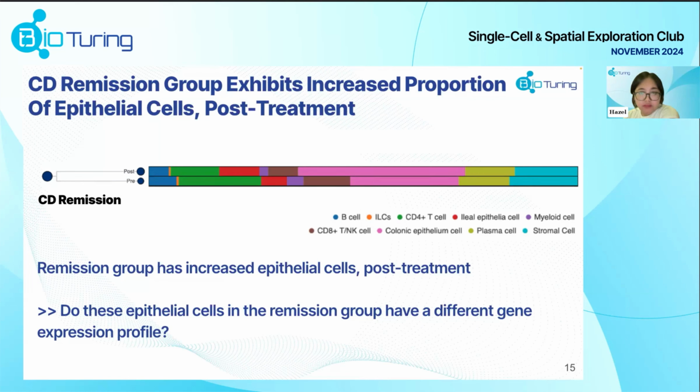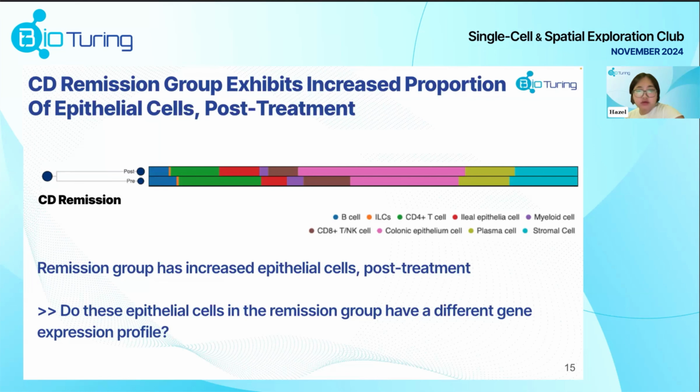After anti-TNF treatment, I can again see an increase in the proportion of epithelial cells. So maybe my thought is that the restoring of epithelial barrier function can be very crucial for achieving and maintaining the remission in Crohn's disease.